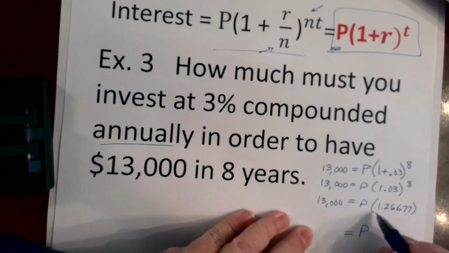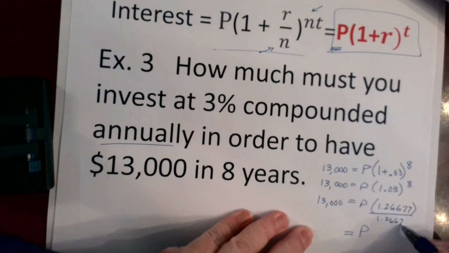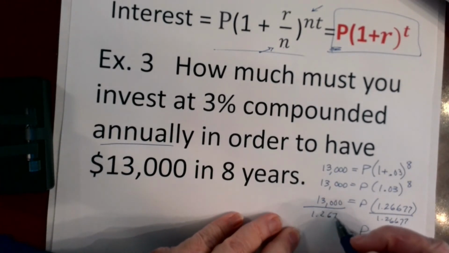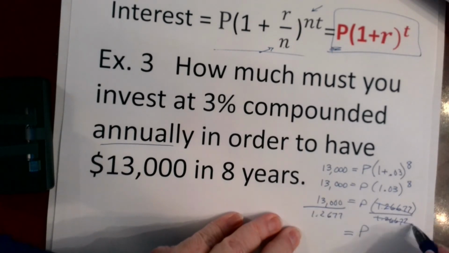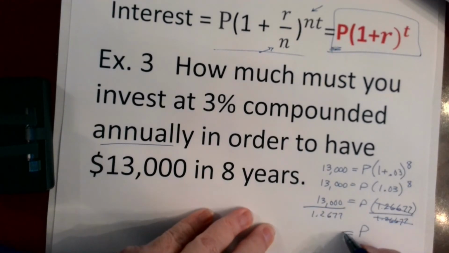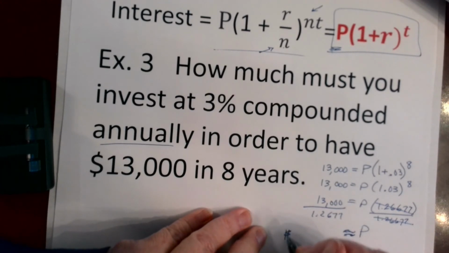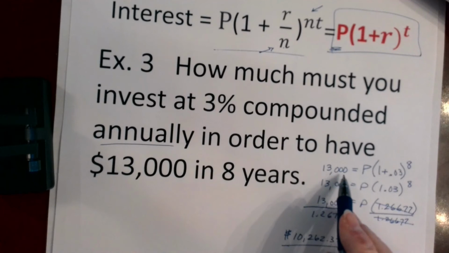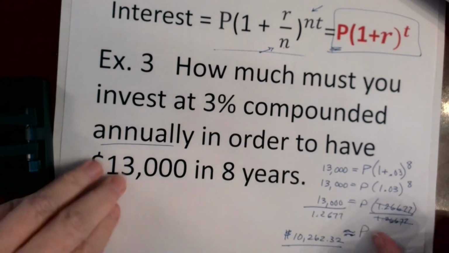Well, right now it's multiplied to a number, so we're going to divide both sides by that number. And P will equal approximately $10,000. That's how much you'd have to give the bank if you want $13,000 8 years later.